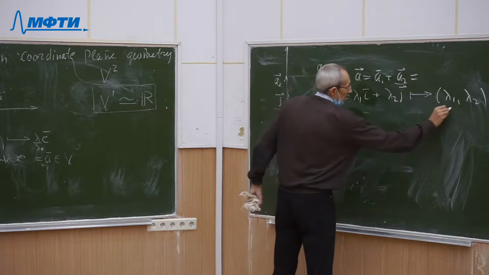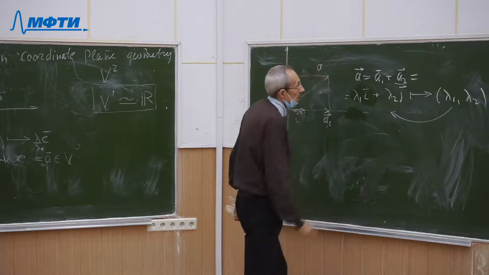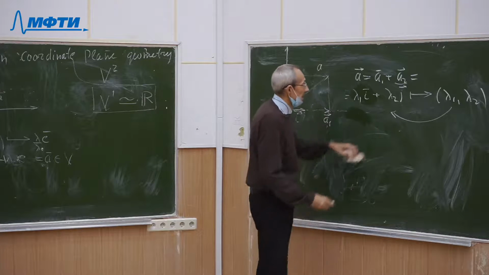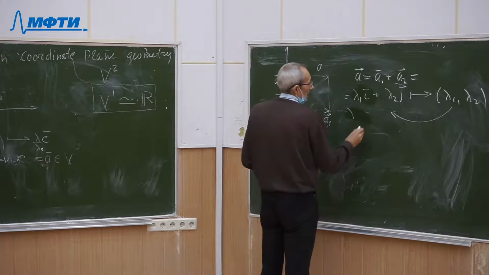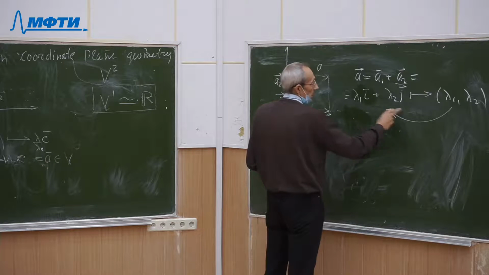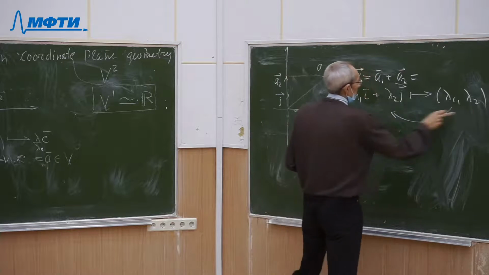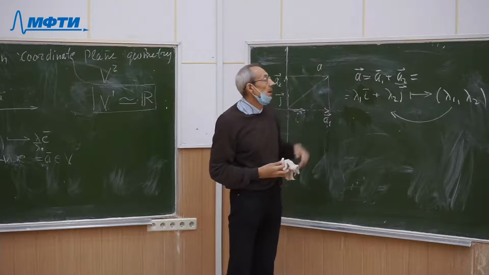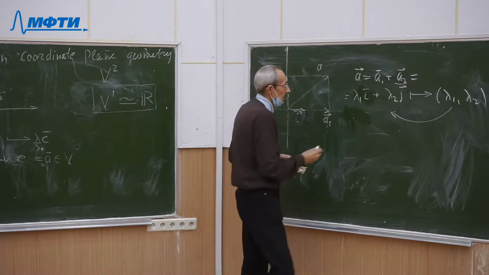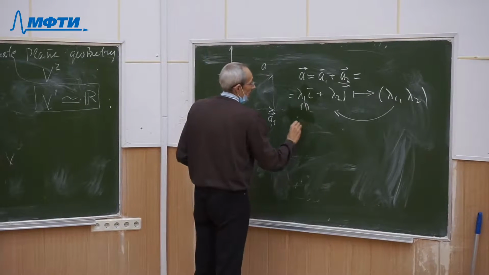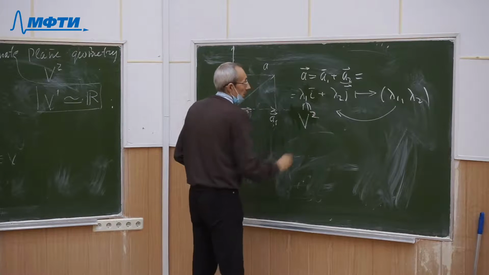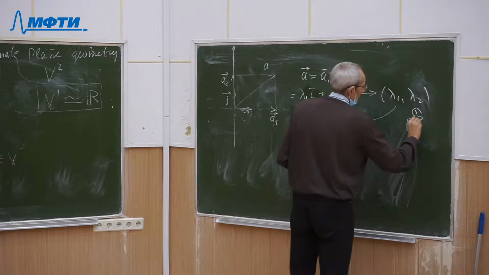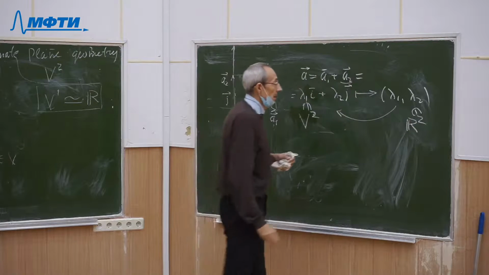It is easy to see that the inverse mapping is defined by this formula: to lambda 1, lambda 2 it corresponds the sum lambda 1 multiplied by I plus lambda 2 multiplied by J, and this vector belongs to V2, and this pair belongs to R2.